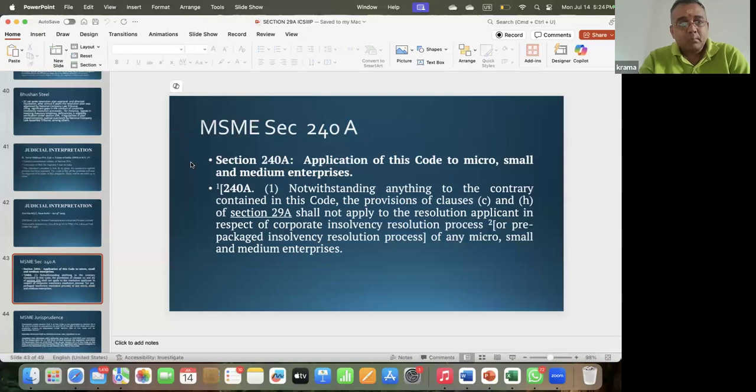And even to connected persons, related persons, and persons acting in concert with the above also. Associate company, connected, subsidiary, associate company, joint venture agreement, joint venture also. In Bhushan, there was a joint venture agreement with a JSW group company earlier.